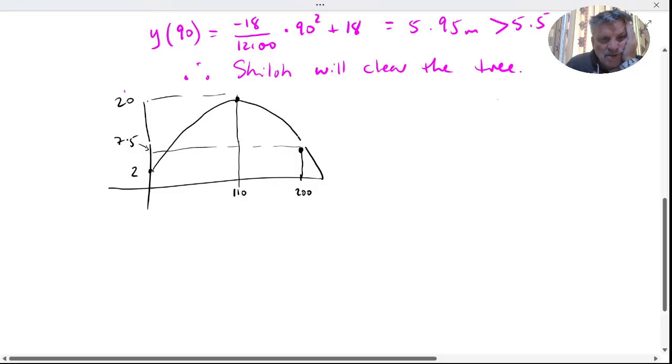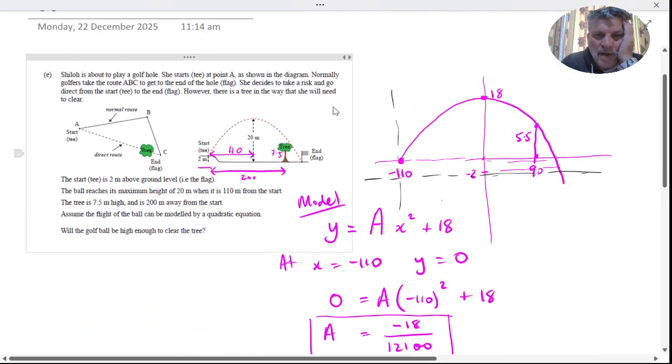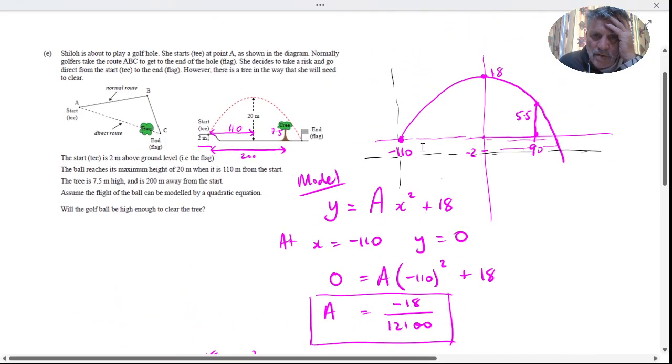We've got 2 points. What did we use before? We used the fact that the parabola was centered at the origin.